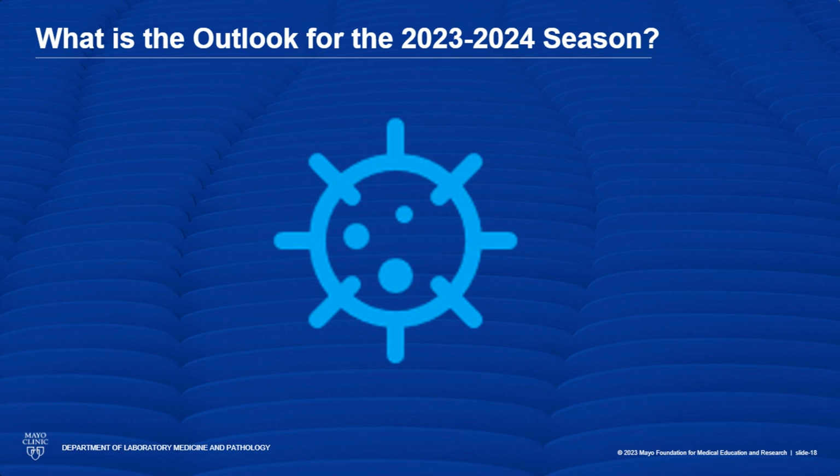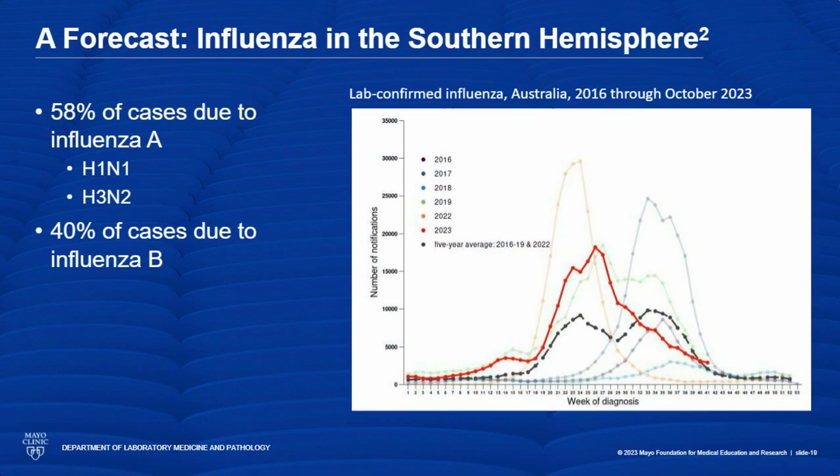What are the possibilities? Well, one thing that virologists and public health officials and infectious disease providers typically do during our summer and fall months to get an idea of what to expect is we look to the Southern Hemisphere. And that's because in the Southern Hemisphere, in countries like Australia, South America, Africa, they are experiencing influenza season during their winter, which is corresponding to our summer.